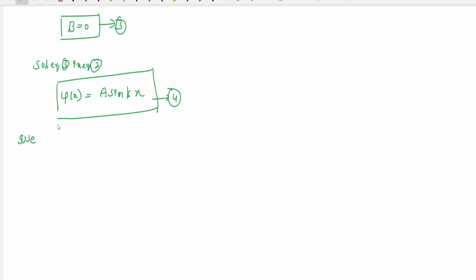What is the second condition? Wave function 0 at x is equal to a. So the second boundary condition is like this: the wave function is equal to 0 at x equal to a.